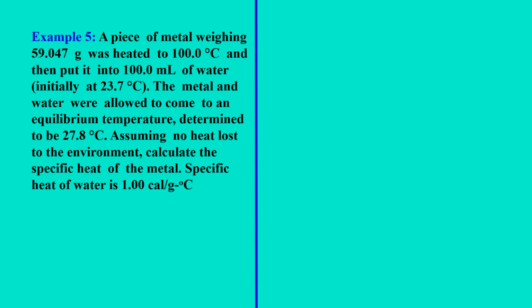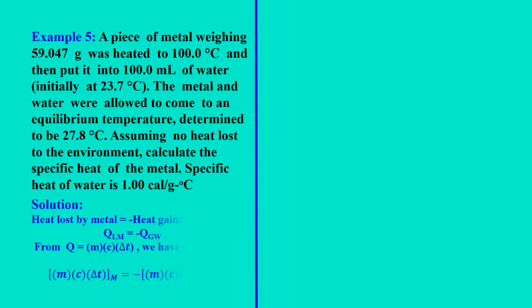The metal and water were allowed to come to an equilibrium temperature, determined to be 27.8 degrees Celsius. Assuming no heat lost to the environment, calculate the specific heat of the metal. Specific heat of water is 1.00 calorie per gram per degree Celsius.